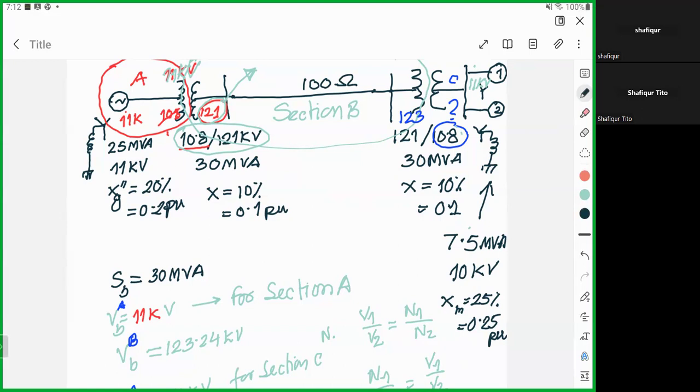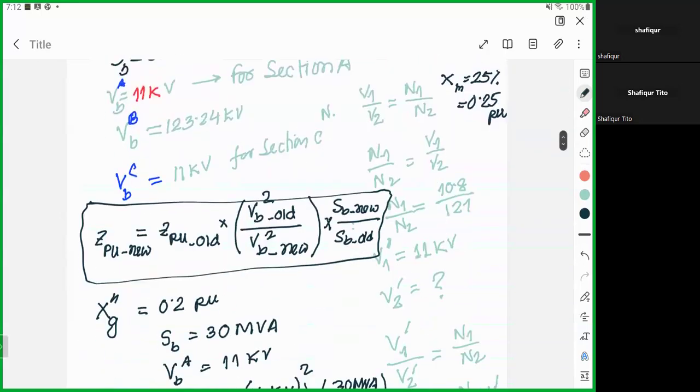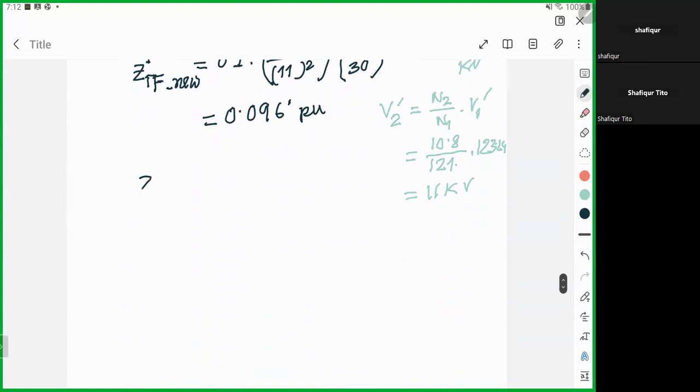If we use the formula, Z of transmission line in PU would be equal to ZL divided by ZB, and ZB is calculated from SB and VB.